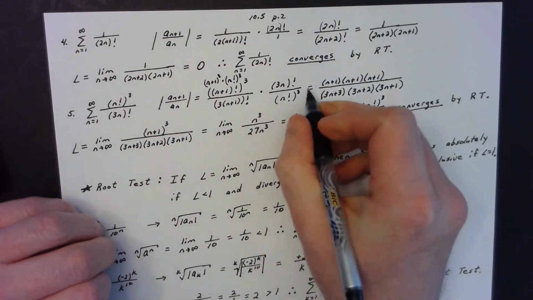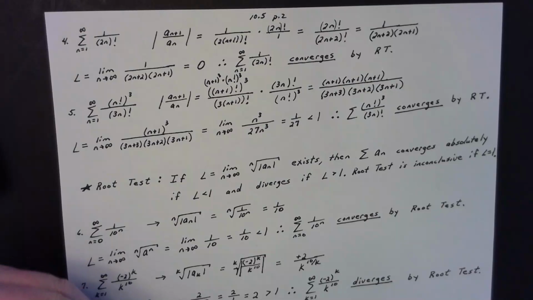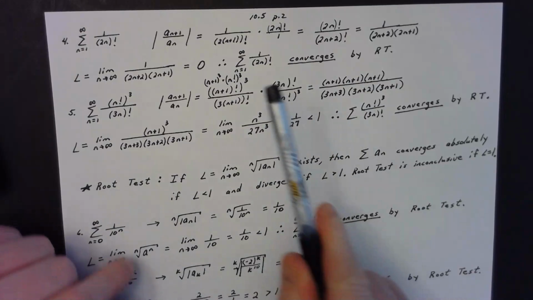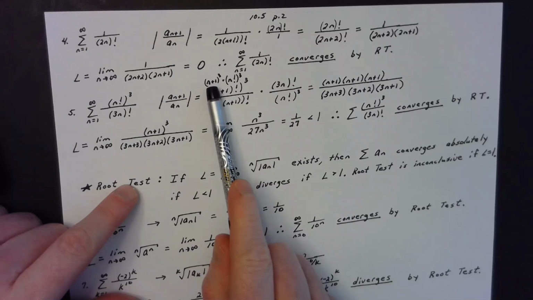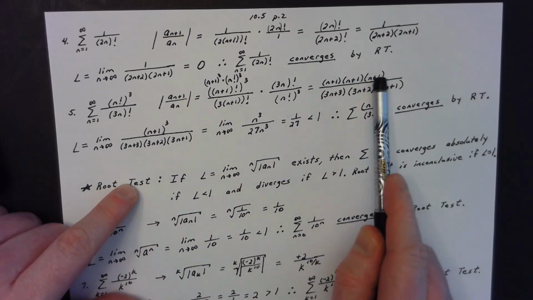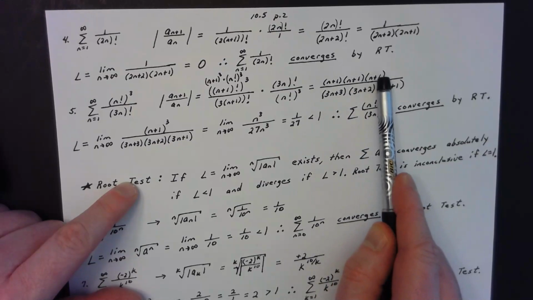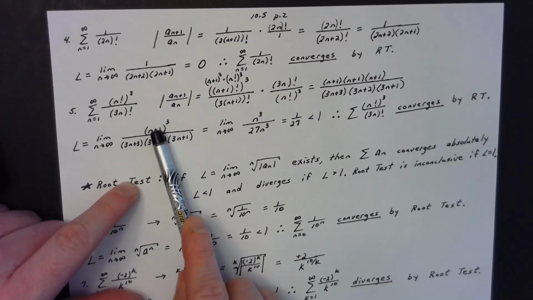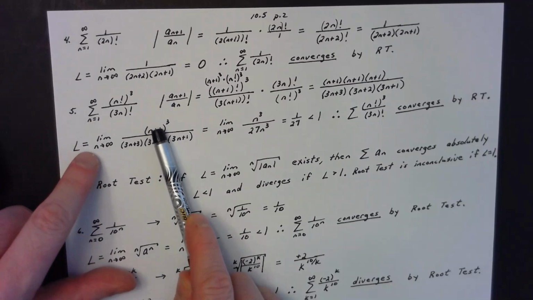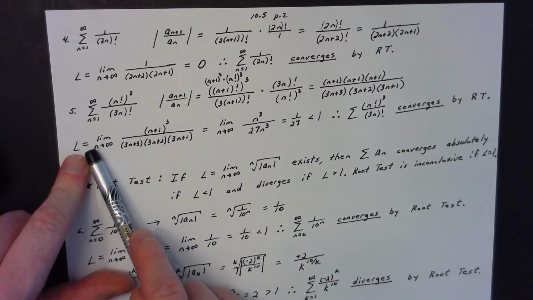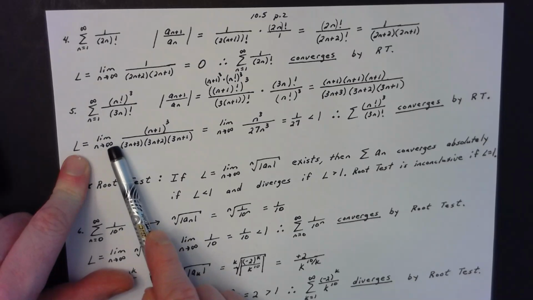Well, that n factorial cubed cancels with the denominator there. So then I can say, well, the remainder of that, the n plus 1 quantity cubed, I'm going to have 3 of those in the numerator. Now, whether you show it as 3 in the numerator or whether you just show it as n plus 1 cubed, same thing.